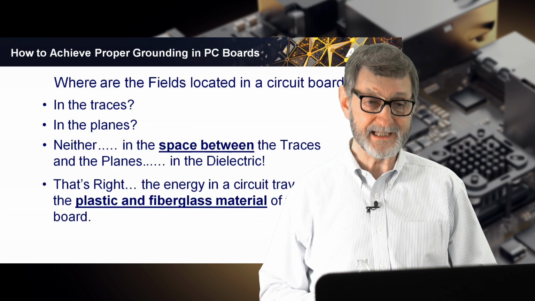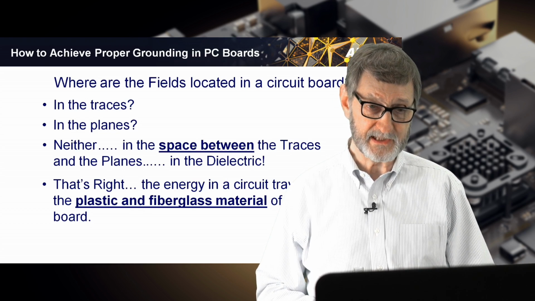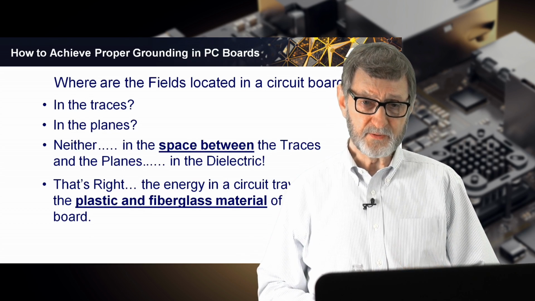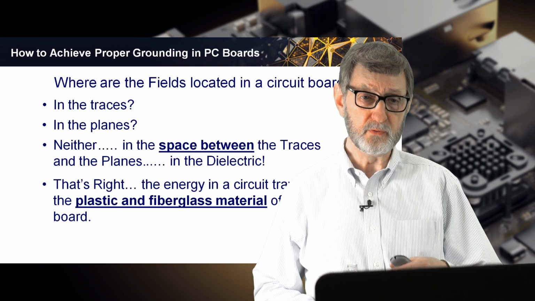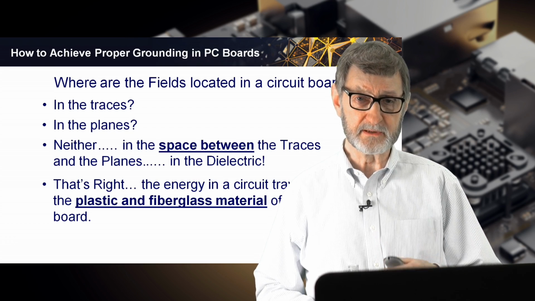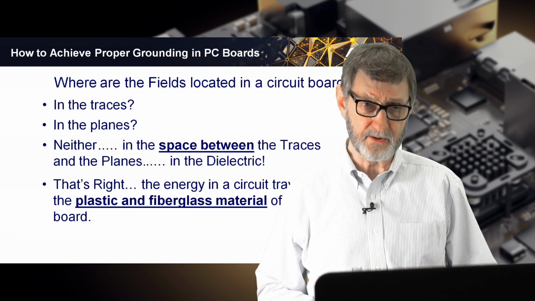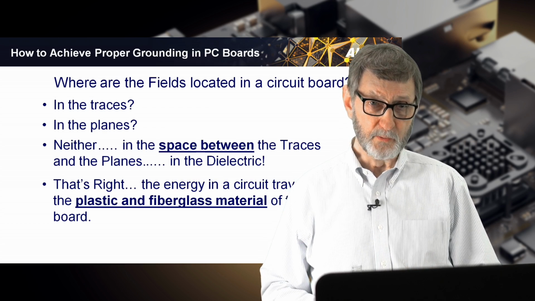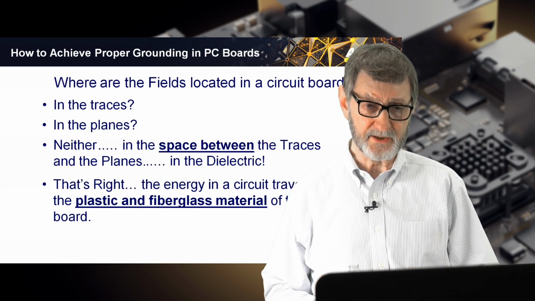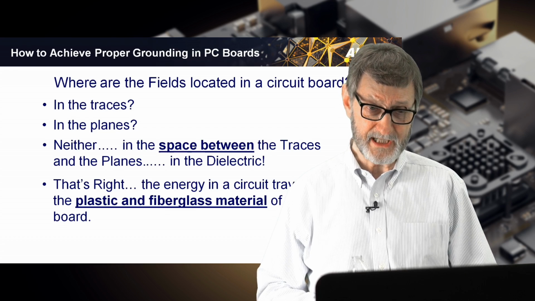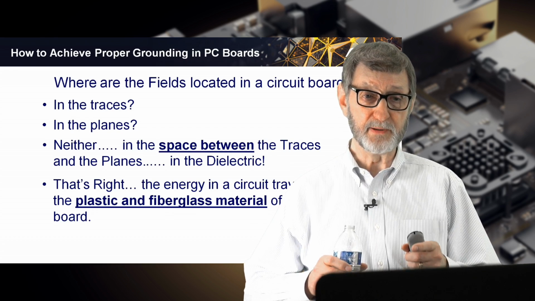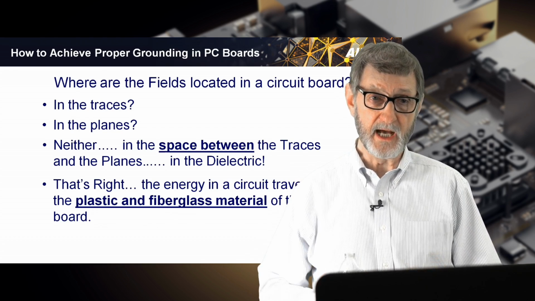In the plastic and fiberglass, for example, in FR4, the fields move in the plastic and fiberglass of the board material, not in the copper. So what I'm saying is all of the energy in a circuit moves in the plastic of the circuit, not in the copper.